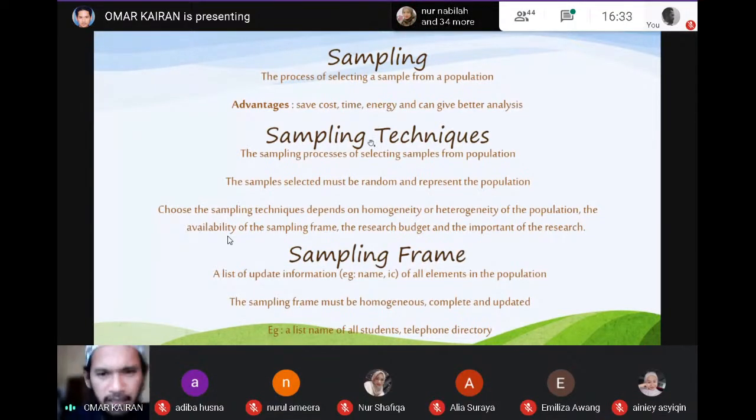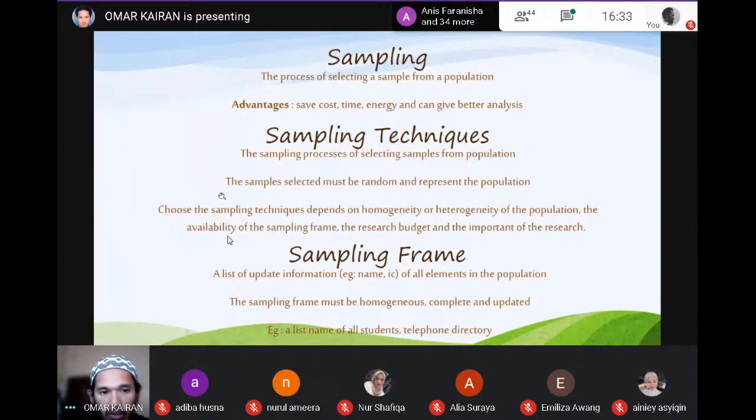Okay, sampling techniques. The sampling process of selecting a sample from a population. Maksudnya kita pilih daripada banyak, kita ambil sikit. The purpose is to save cost, time, energy, and give better analysis.